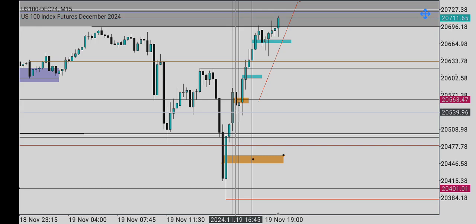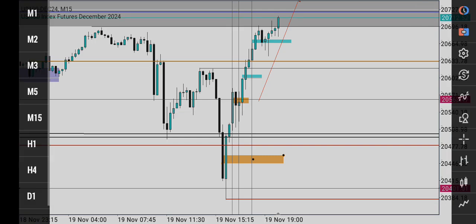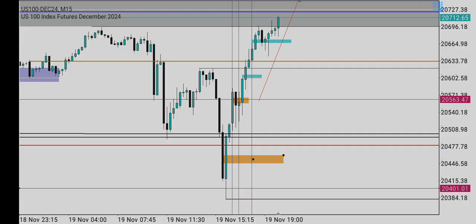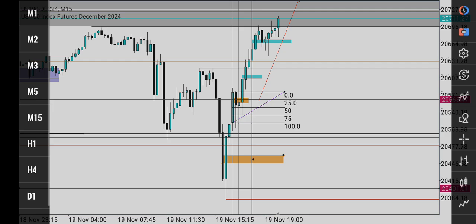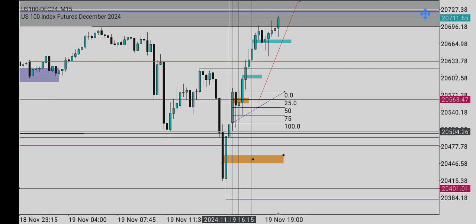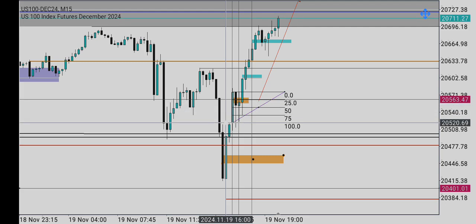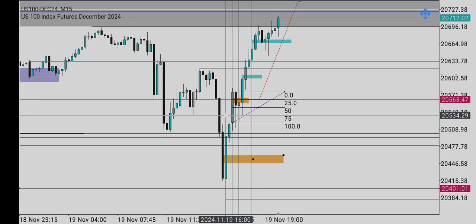Let me draw it so that you can see. I entered at the 50 level, and my stop loss was at this level. So my first trade was taken out because I had placed my stop loss at this level. I remained with one trade.